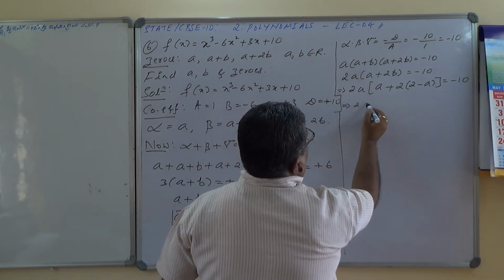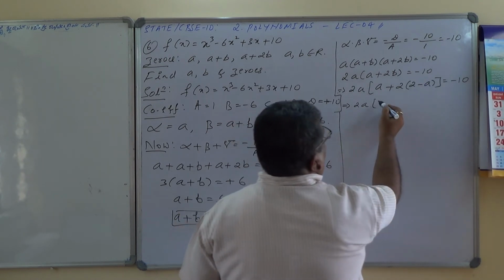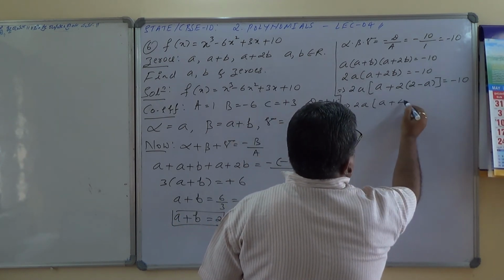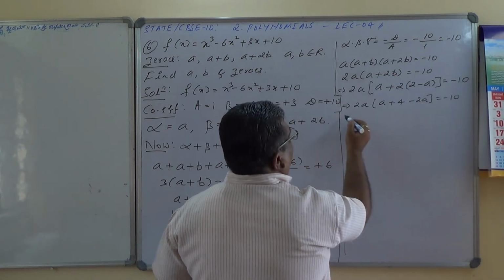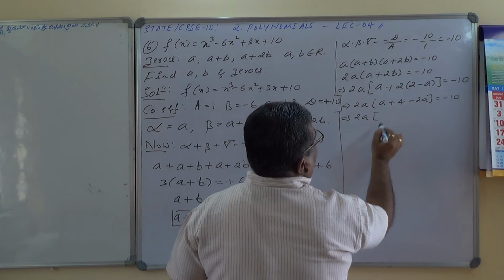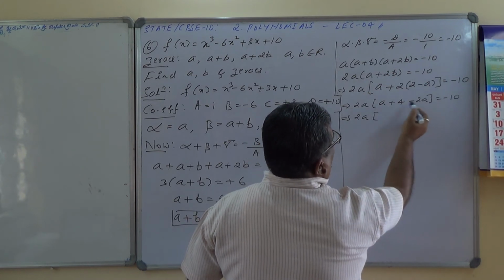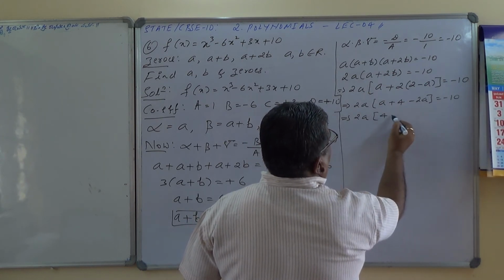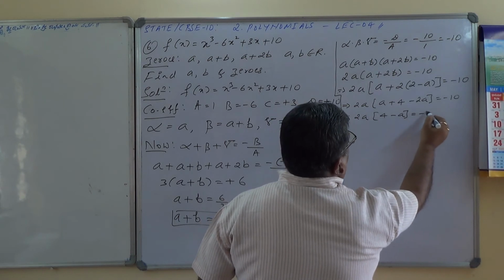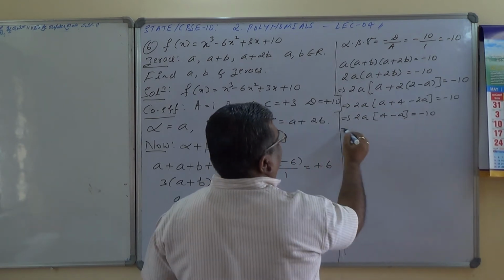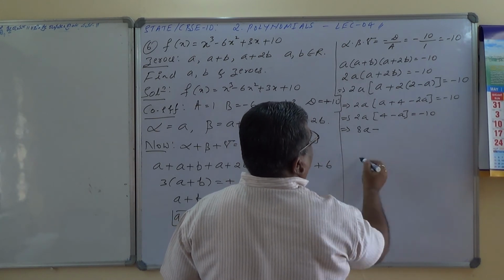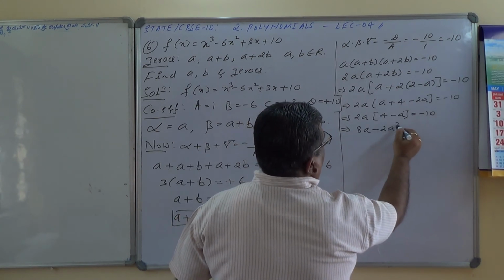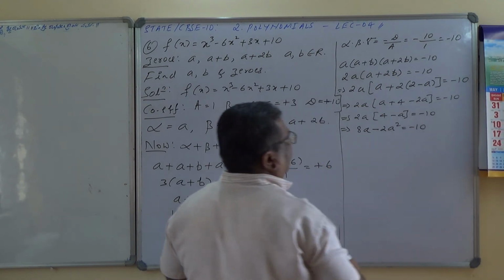This implies 2a into bracket a plus 2 into 2, 4 minus 2a equals minus 10. 2a into bracket a plus 4 minus 2a equals minus 10. Multiply 2 into this, 8a minus 2a square equals minus 10.